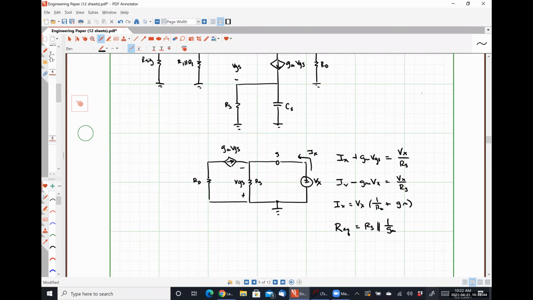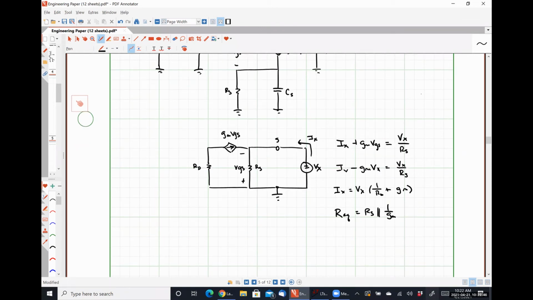From this, my time constant, tau S, is CS times Rs in parallel with 1 over gm.